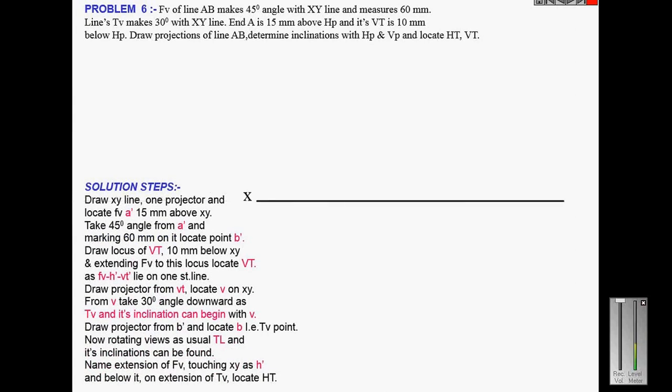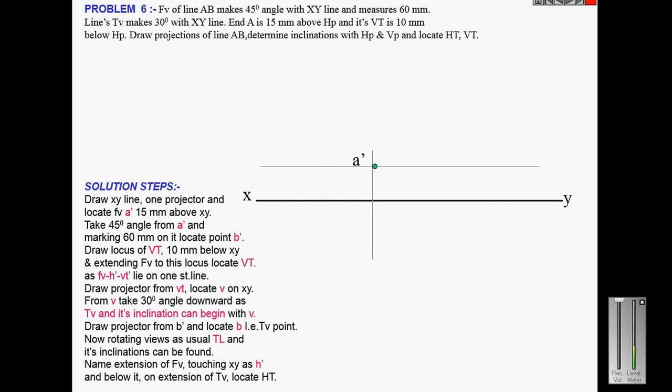First of all, I draw the reference line, XY line, and then mark the first point A dash. We know that point A is 15 millimeter above HP, so I mark the point A dash 15 millimeter above HP, and then take an angle of 45 degrees. Alpha is 45 degrees, and I draw the front view.